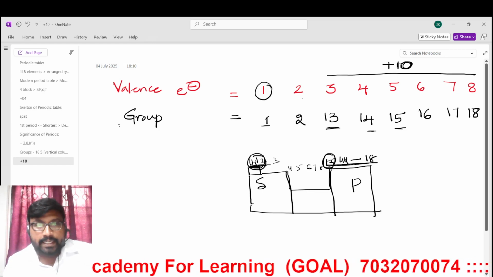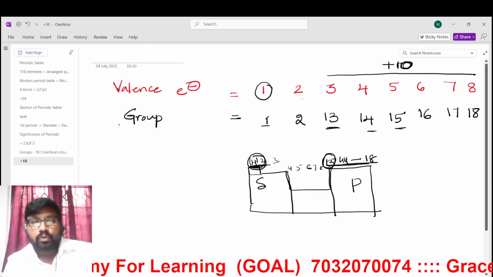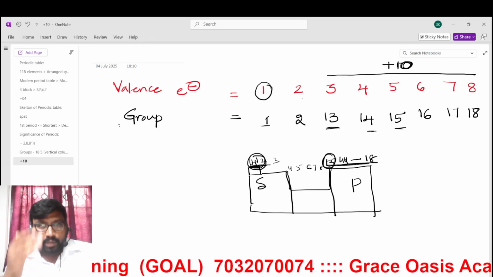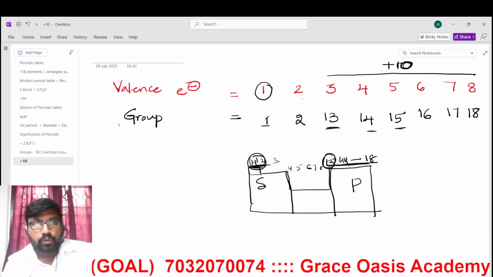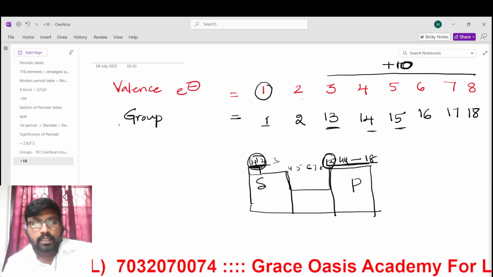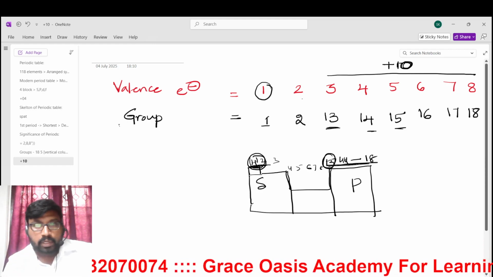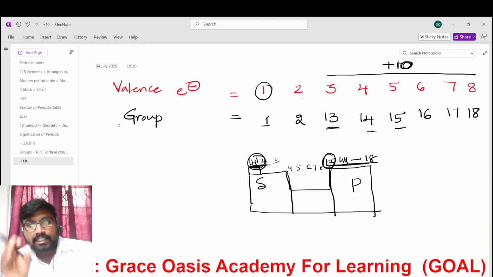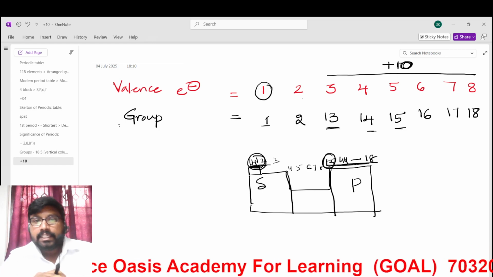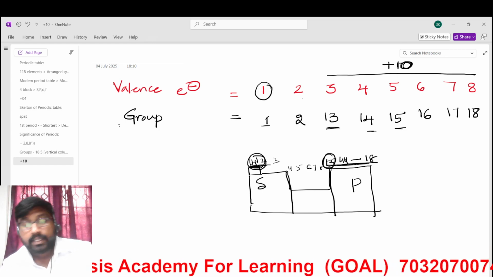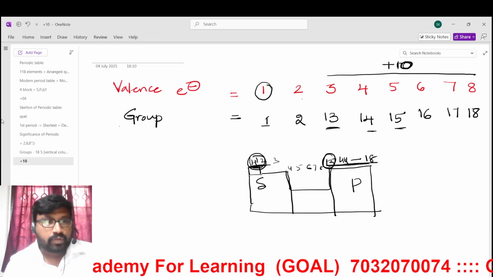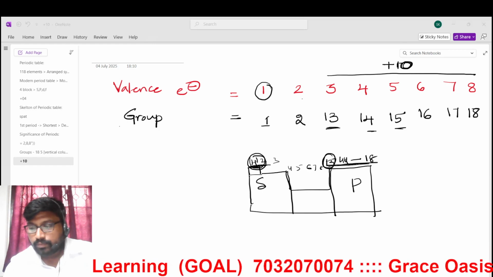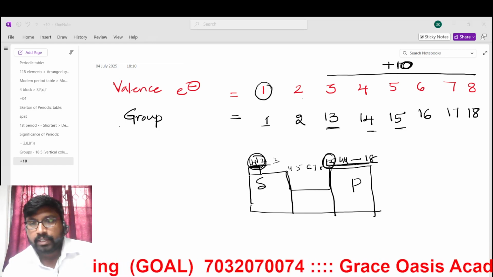From left to right in a period, how do the chemical and physical properties differ? From top to bottom in a group, going from one element to another, how are the properties changing? There is an interesting relationship we can see. Let us move to the position. Now we'll see the position.